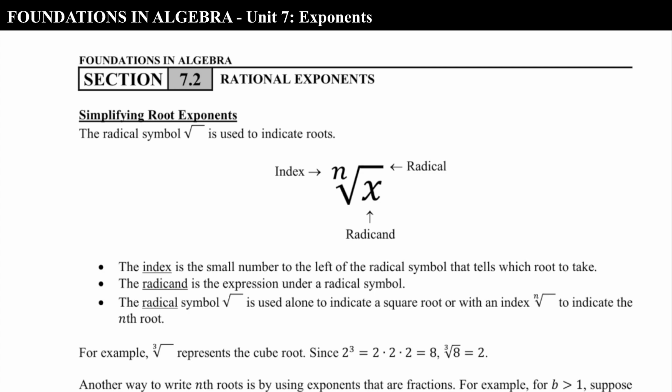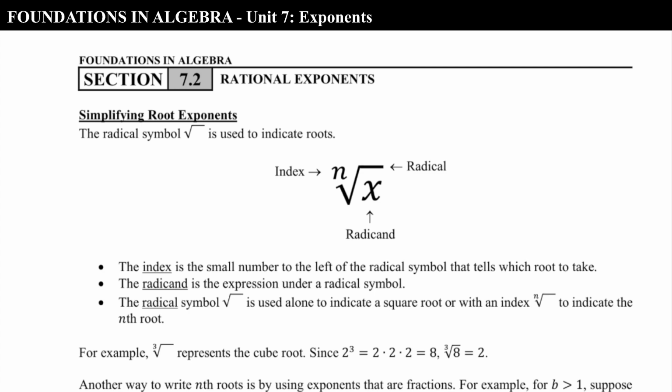So to recap, the index is a small number to the left of the radical symbol that tells you which root to take. The radicand is the expression under the radical symbol, and the radical symbol is used alone to indicate a square root or with an index to indicate an nth root.